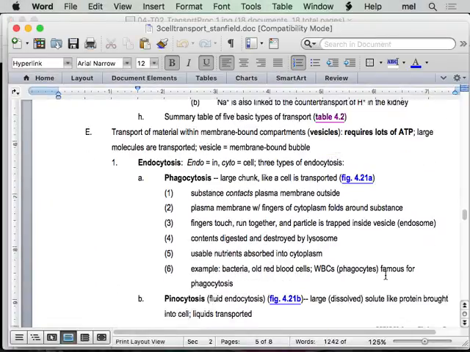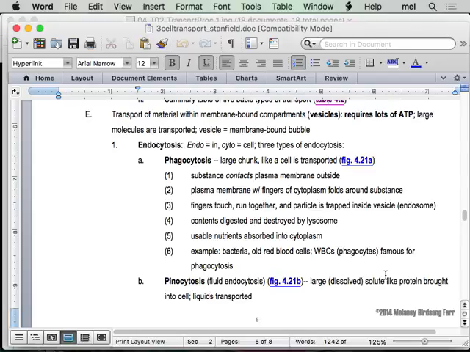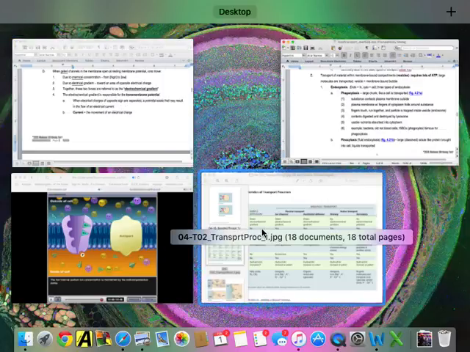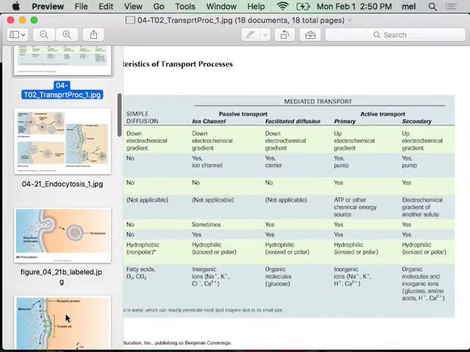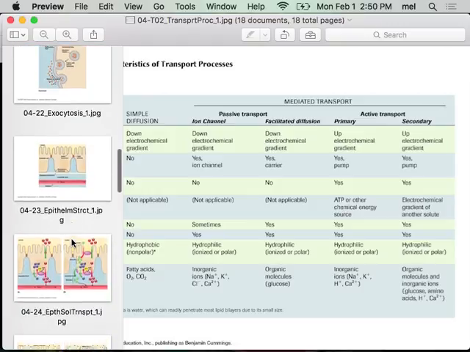Okay, so the last type of transport in chapter 4 is endo and exocytosis. Those are broadly called vesicular transport because you move things in vesicles. They are the slowest and the most expensive of all the transport mechanisms that we have learned.